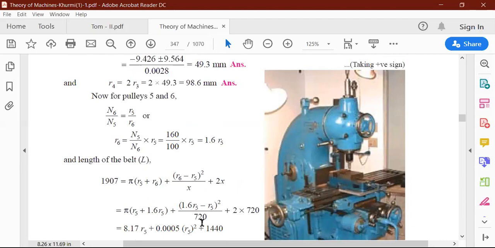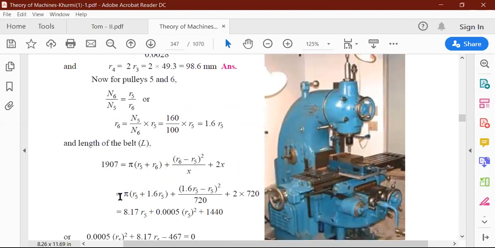Putting all the values, r5 plus 1.6 r5 is 2.6 r5, multiplied by pi, that is 8.17 r5, plus (1.6 r5 minus r5, which is 0.6 r5) whole square divided by 720. So you get this equation.